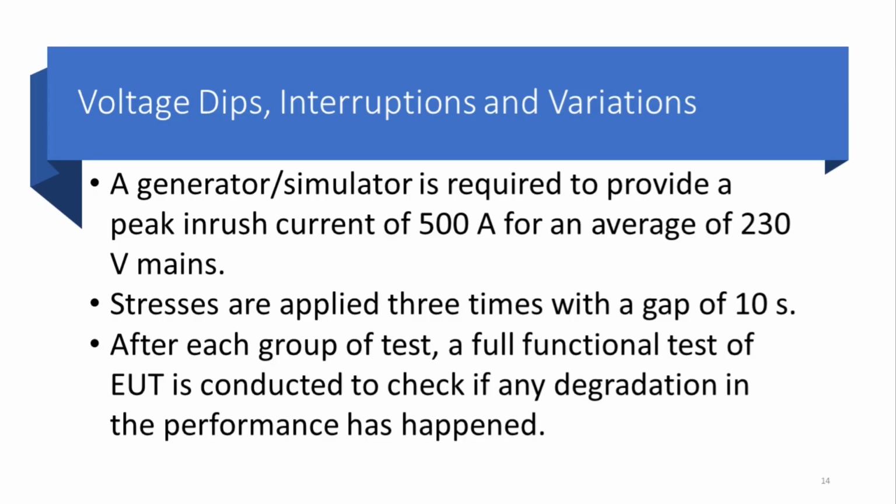A voltage dip refers to a sudden drop in the AC supply voltage for a short duration of time, followed by the restoration of the original waveform. On the other hand, voltage interruptions occur when the supply voltage apparently disappears for a short interval and then reappears in its original form.